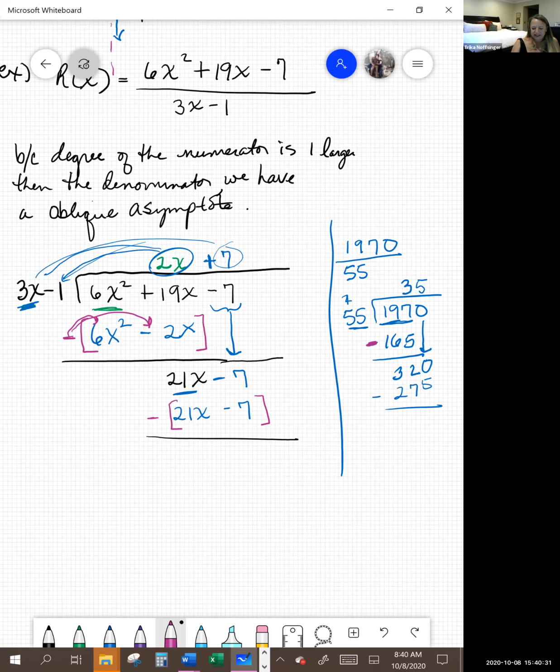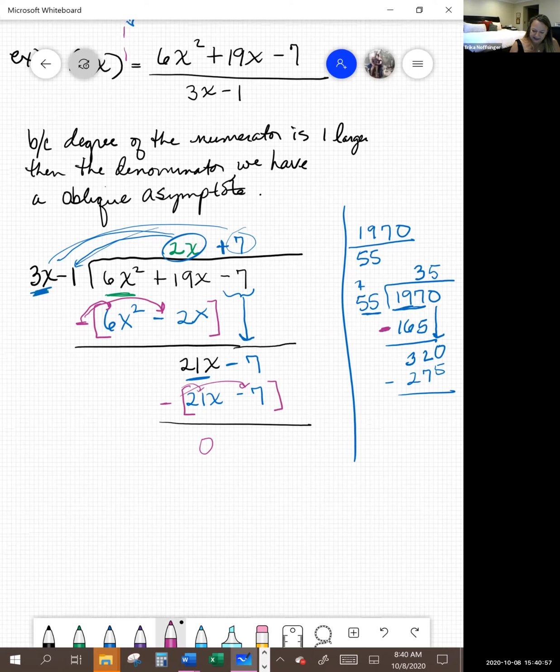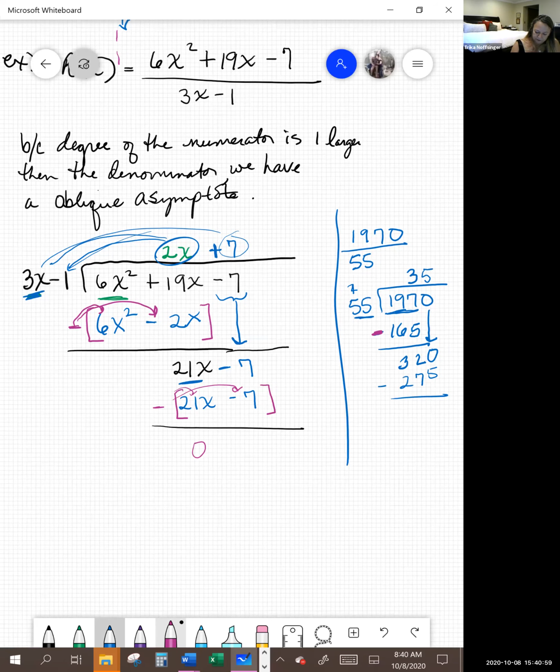Change the signs. 21x minus 21x cancels, and negative 7 is really plus 7, because distributing the negative, that cancels. So we get back 0. There's no other terms to bring down, and so we're done. This goes in here evenly. And so we find that our slant asymptote, or oblique asymptote, same thing.